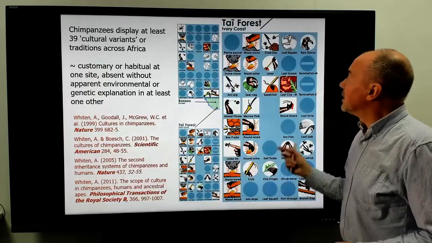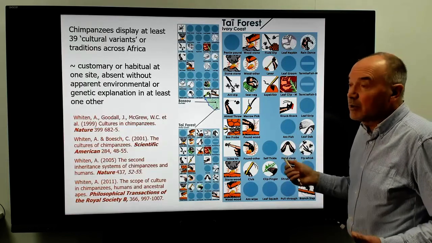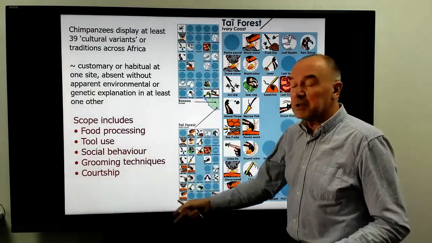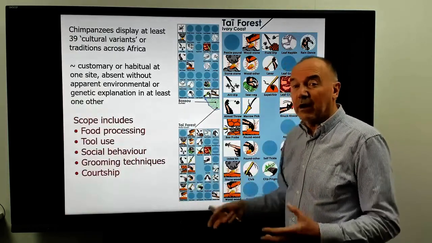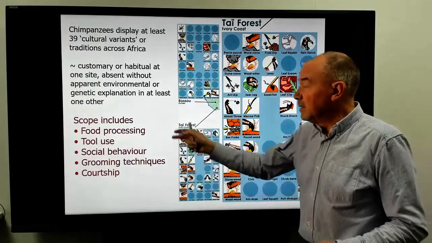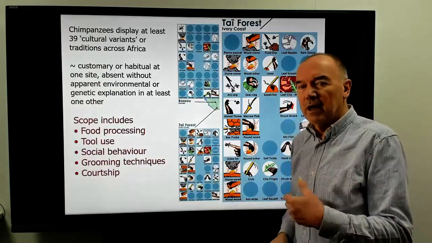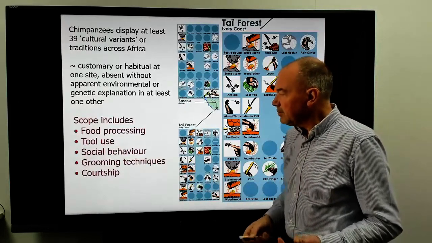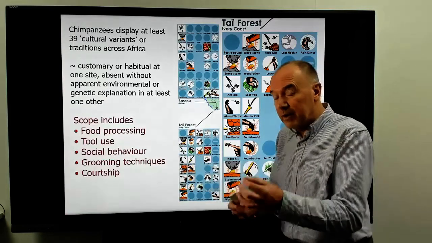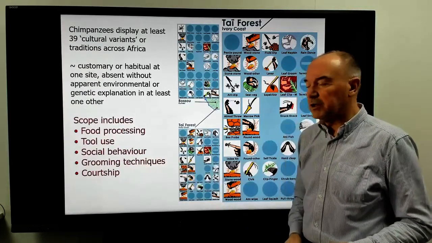You can't read all of those. Let me blow one up and you can start to see some of the descriptions or the labels we gave to these behaviours. The important point is that the scope of these traditions pretty much span most of chimpanzee kinds of behaviour, so including things like the way they process complicated foods, the way they use tools, partly for that food processing, but also for hygiene and for comfort functions, aspects of their social behaviour, their grooming techniques, how they groom each other, what they do with a parasite, having groomed it off another individual, and then also some of their courtship gambits.